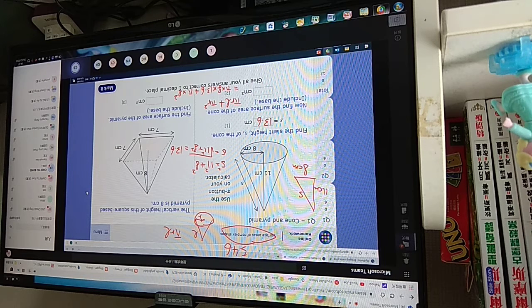So you will get the answer, which is 542.9 cm squared.